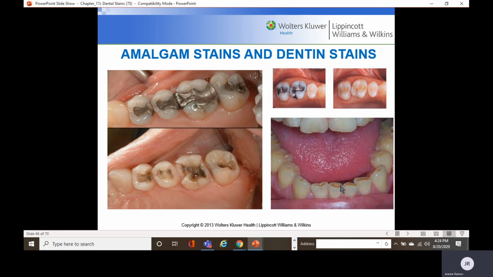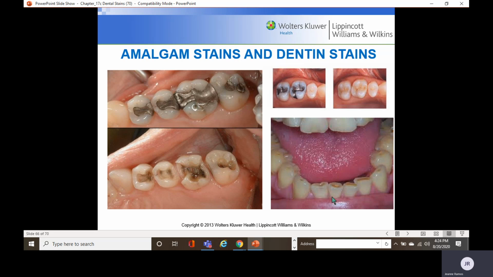So these are incisors. They probably grind a lot. This looks a little irregular on this incisal edge, so it's kind of broken off a little bit. So they are bruxing their teeth, grinding their teeth together too much. Maybe they have an occlusion where when they bite down on their back teeth, these teeth have edge-to-edge contact.